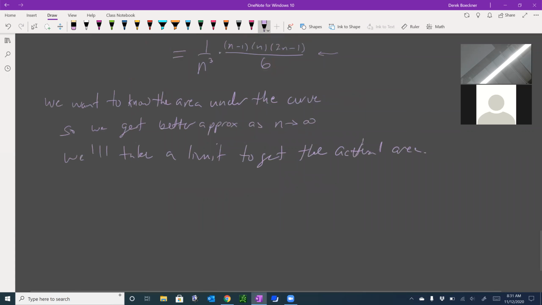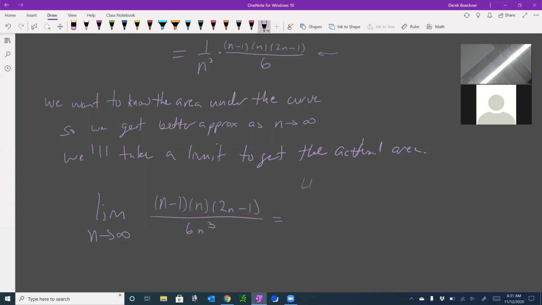Okay, so we're going to take the limit as n goes to infinity of, what do I have here? I've got n minus 1, n, 2n minus 1 over 6n cubed. We could use L'Hopital's rule, or we can multiply this out, but we know from algebra, the easy way to do this is take the leading term divided by the leading term.